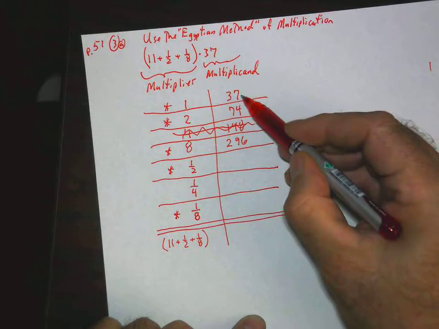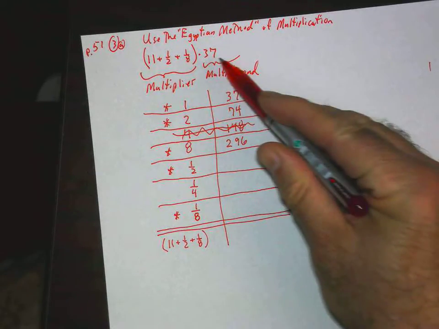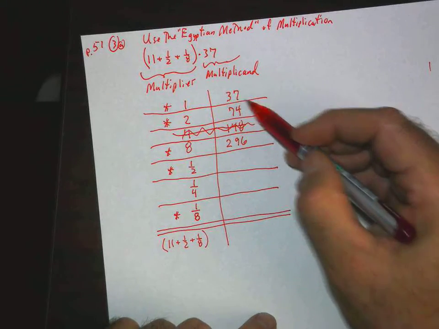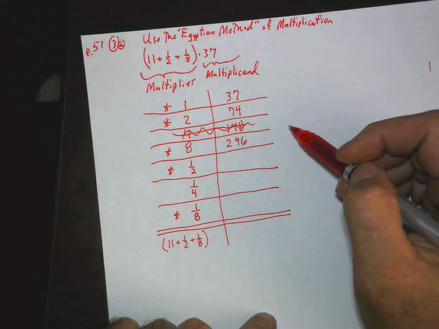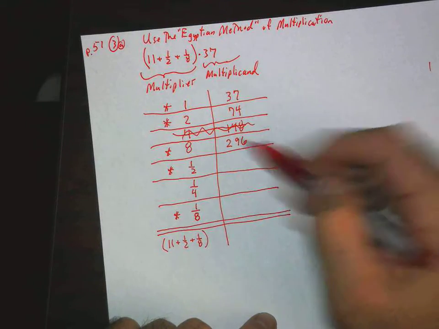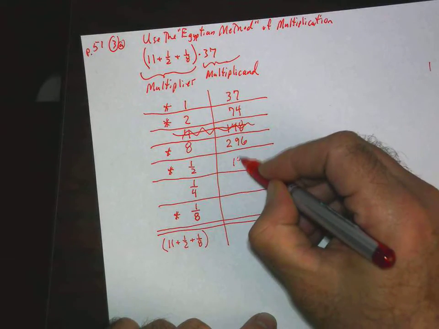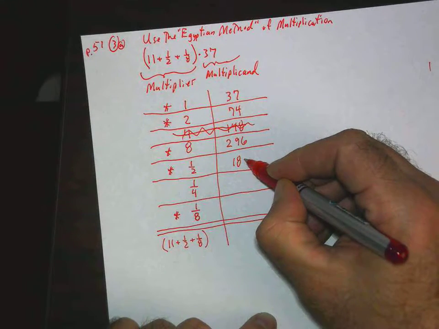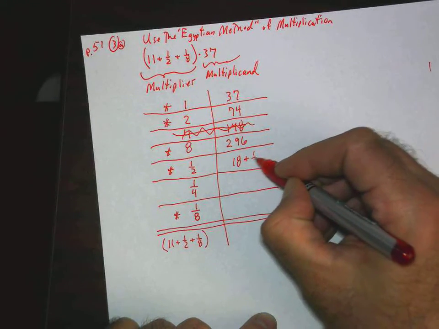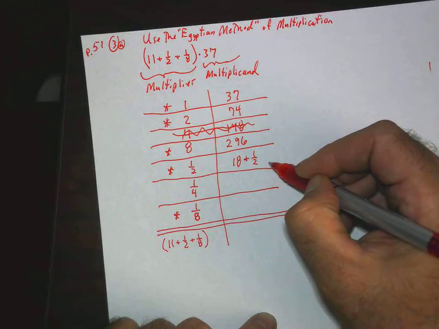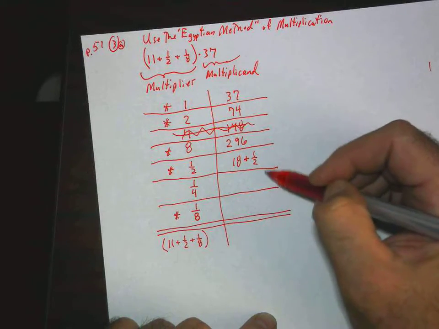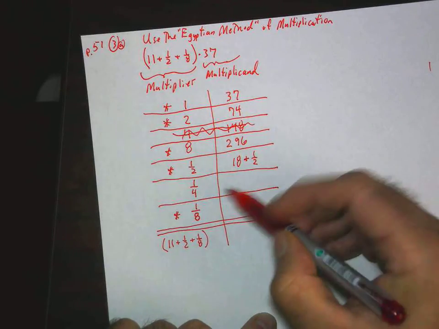1/2 times the multiplicand. 1/2 times 37 is 37 halves. Well, 36 halves is 18, and we have 1/2 added to that. 37 divided by 2, 18 plus 1/2. Okay.